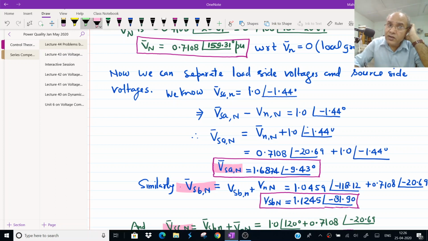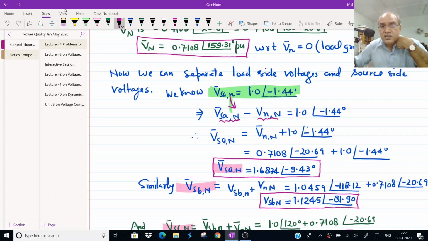Okay, we already know what is BSAN. Is it? So this BSAN can be written as BSAN minus BNN. Check me thoroughly. This is BSN minus BNN.